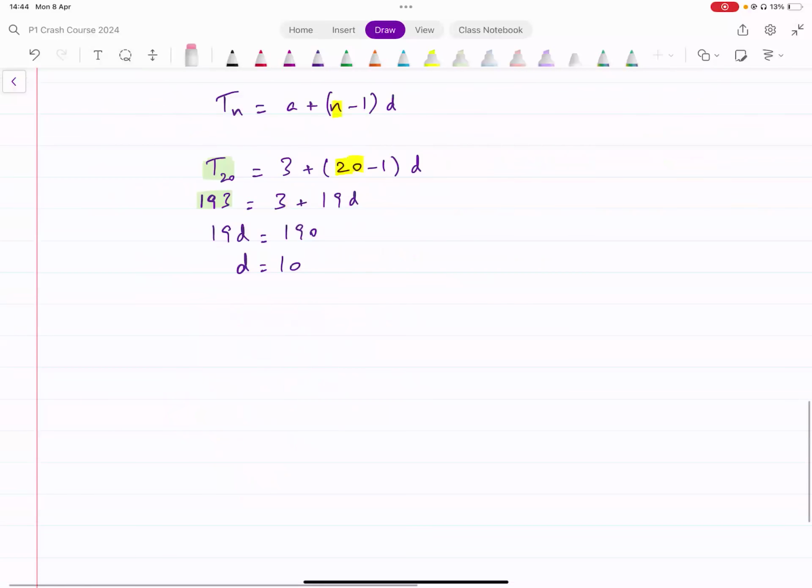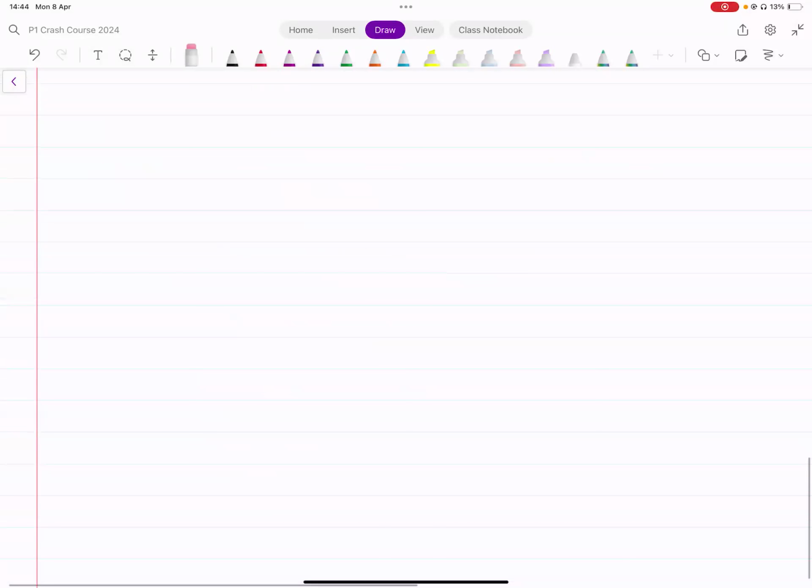But now, let's have a look at another sequence. Let's say we have a sequence that looks like this now. It's an arithmetic progression again. So we're given it's an AP, and the numbers in the sequence look like this: 5, 8, 11, 14, 17, and so on.